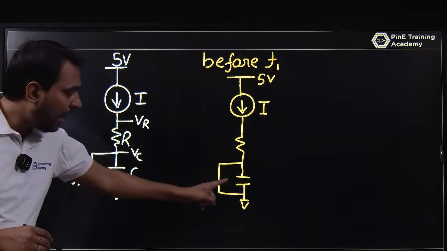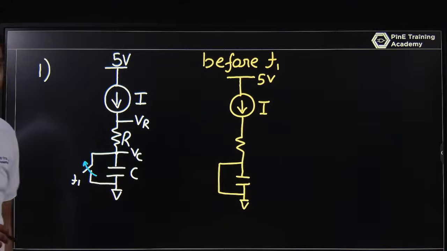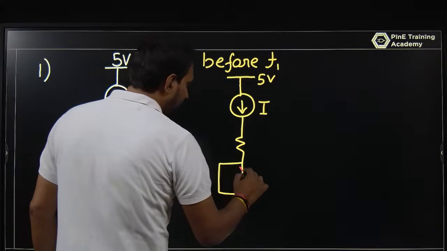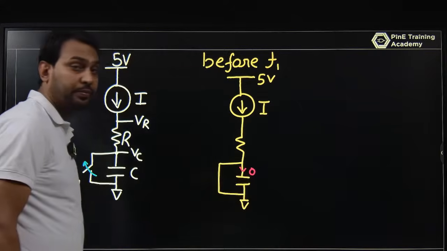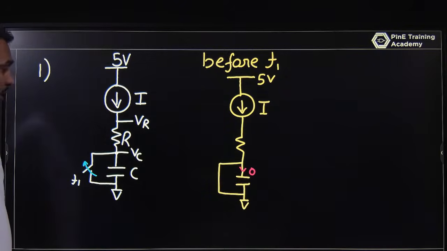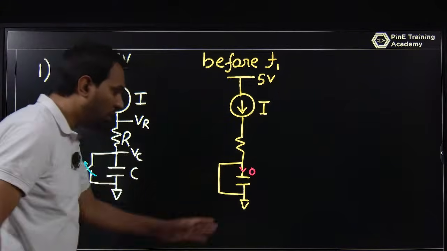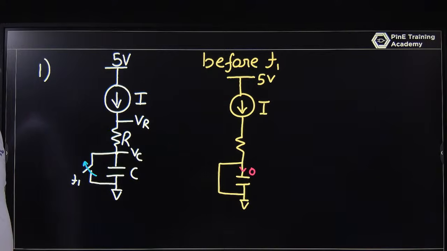So that is a short circuit path, and current will not enter the capacitor node. The current is 0 here. You can say the capacitor voltage will be 0 because it is a short circuit.